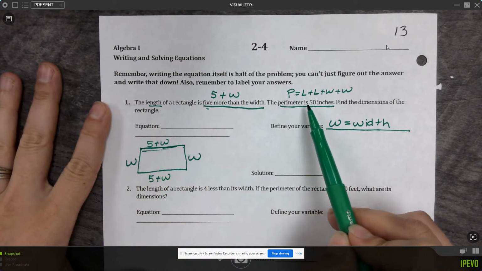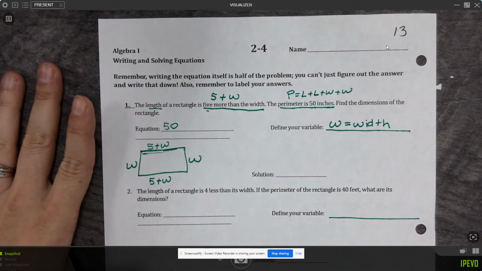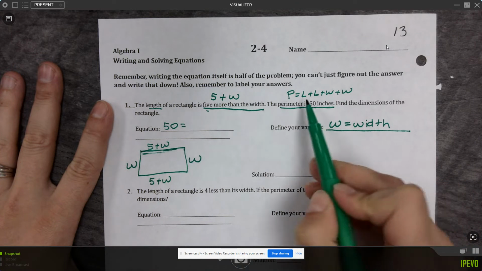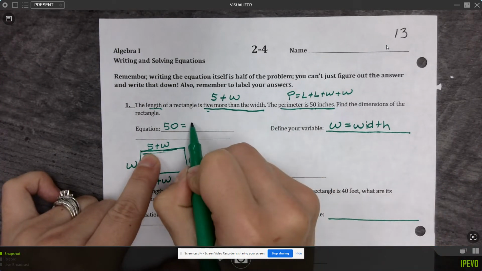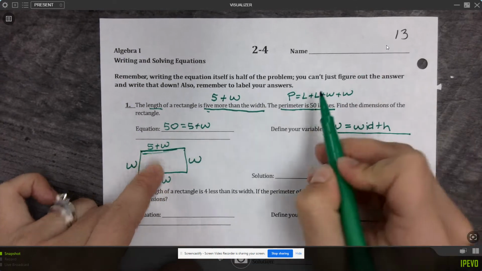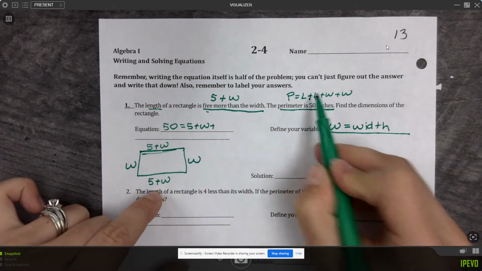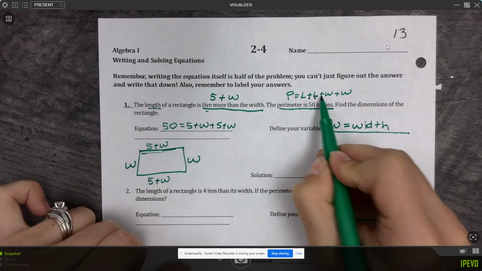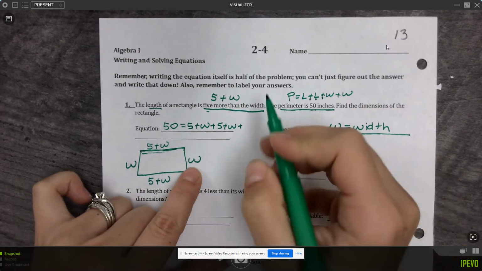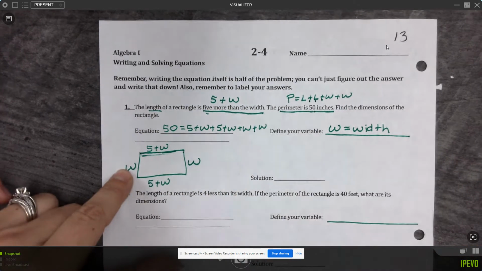The perimeter is 50 inches. So where I have P, I'm going to put 50 equals my length side, I'm using 5 plus W, plus my length side, I'm using 5 plus W, plus my width, I'm using W, plus my width again, I'm using W.